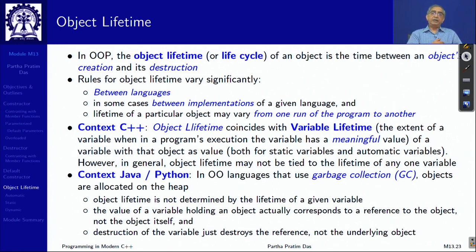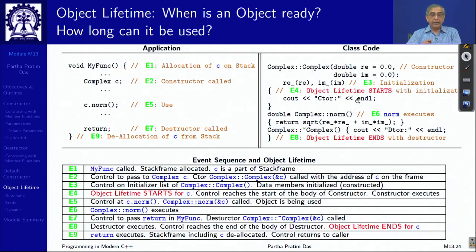Similarly, other languages like Java, Python have garbage collectors. So, when the object goes out of scope, it is notionally not there, but it actually exists till the garbage collector removes it.